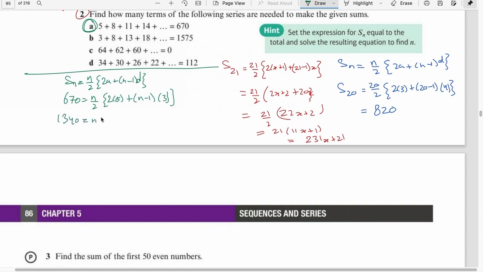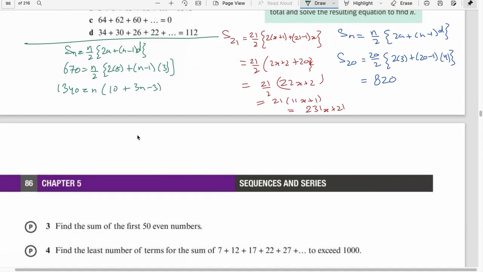I'm keeping n on the other side, that is 10 plus 3n minus 3. 1340 is equal to n times, this is 7, 7 into n is 7n, plus 3n square. Rearranging, 3n square plus 7n minus 1340 is equal to 0.